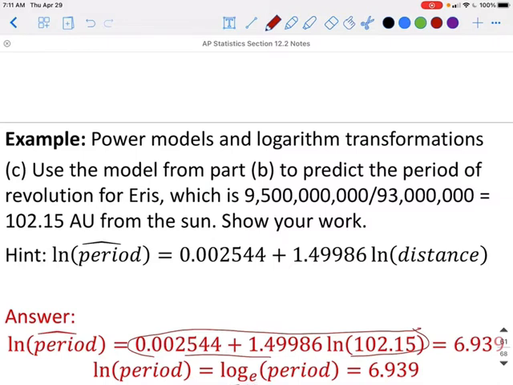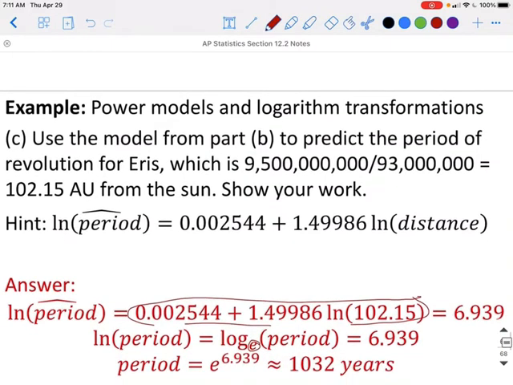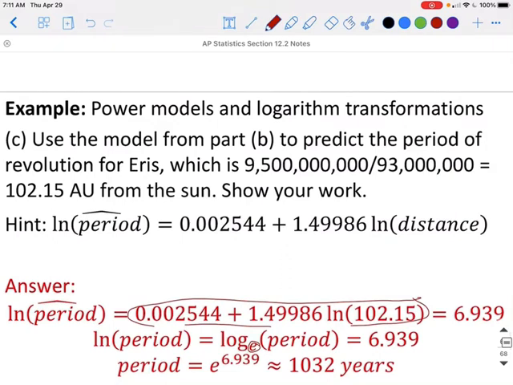Now to get rid of the base, we can make that the base for both sides. So we can say e raised to the ln of the period is going to equal e raised to the log base e of the period. Now the e and the ln will cancel.